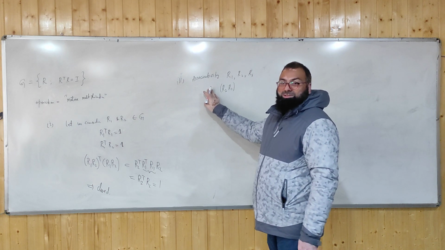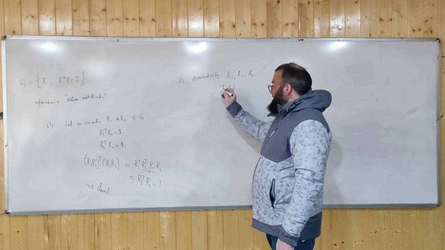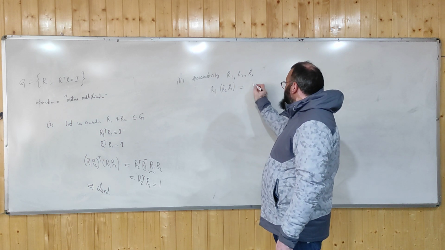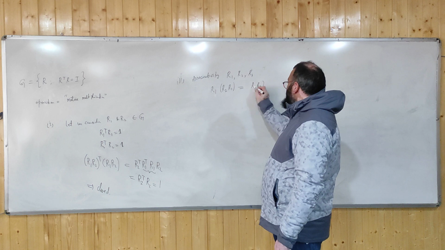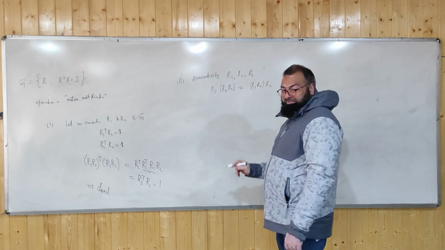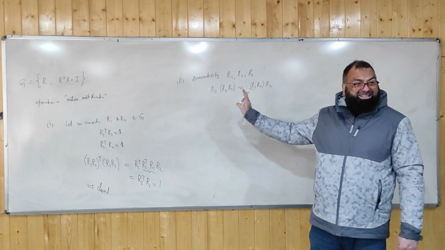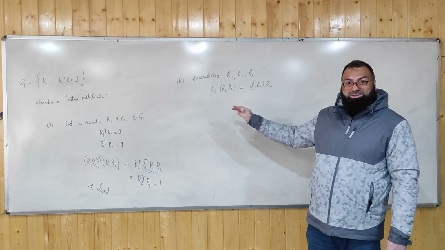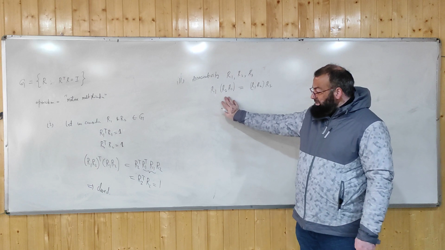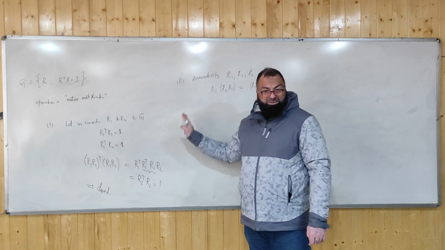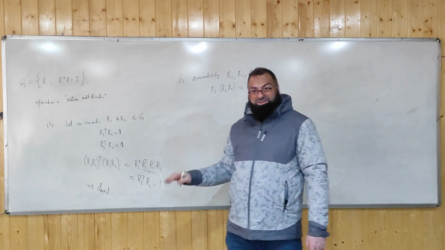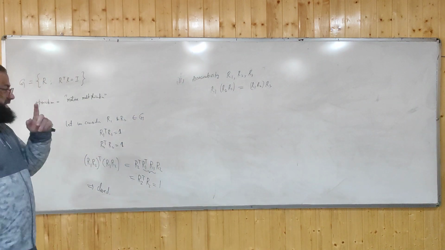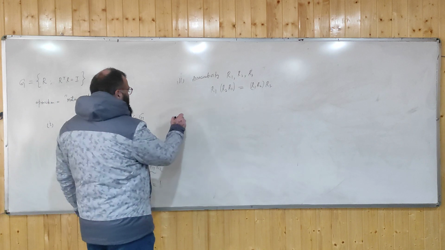This should be the same as R1 R2 multiplied by R3. You need to show it. Associativity means this product should give you identity on both the left hand side and the right hand side. So you should understand what it means.